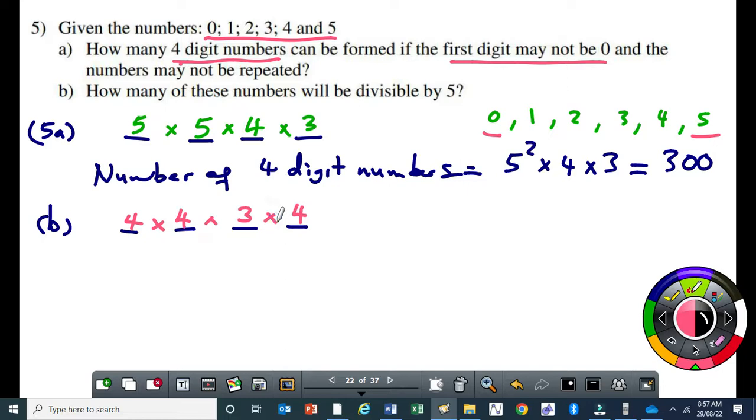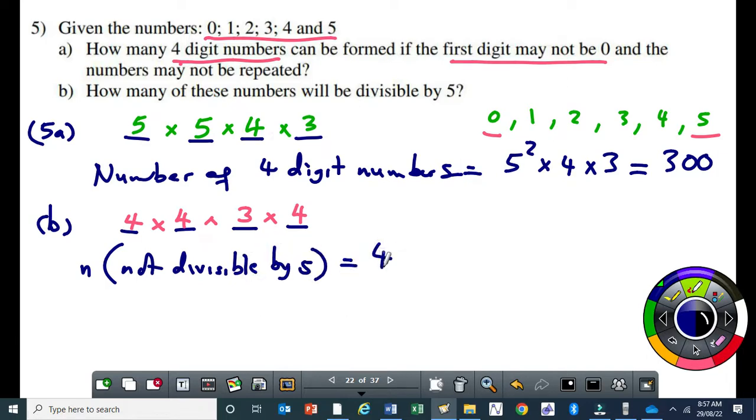Now remember, what I'm trying to determine here is the number not divisible by 5, times 3. What answer do you get? 72.